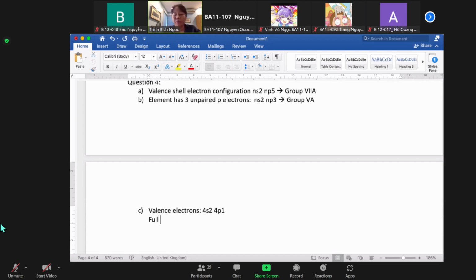So you need to write the full electron configuration. Bạn nào có thể viết được cấu hình electron của nguyên tố này ạ? 1s2, 2s2, 2p6, 3s2, 3p6.